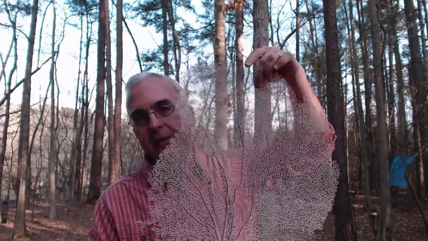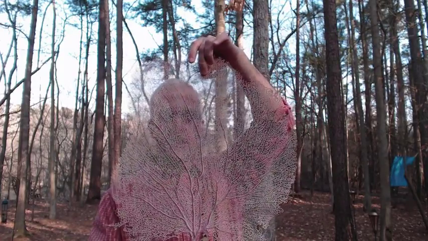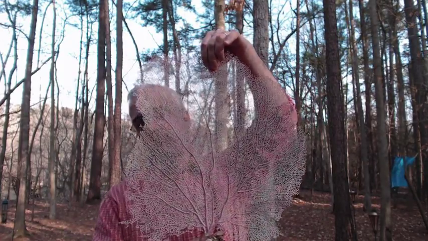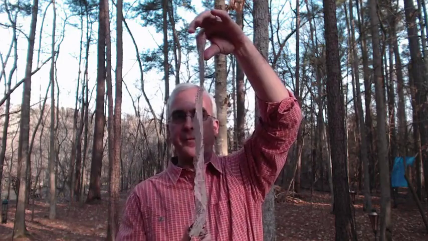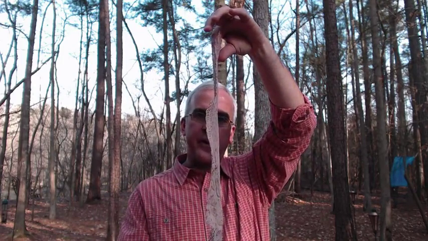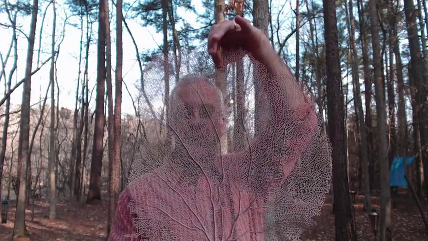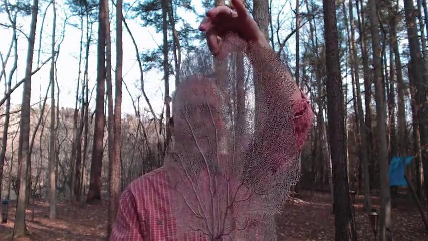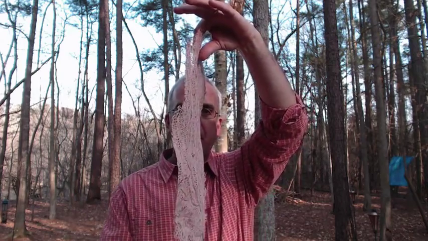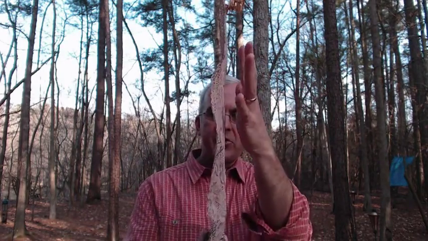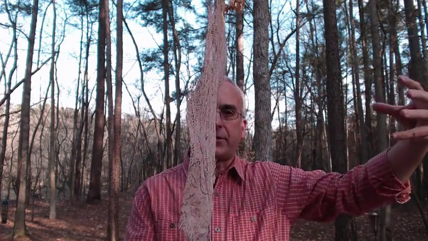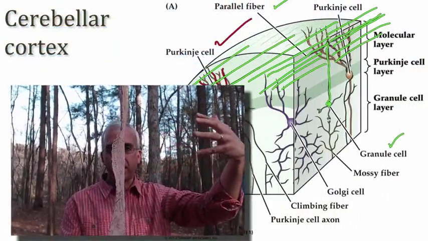And what's distinctive about this sea fan is that the arborizations of its dendritic structure is restricted to a very narrow plane, in the same way that the dendrites of the Purkinje cells are constrained in a very narrow plane. Now, what you have to imagine is this single plane is orthogonal to this massive system of parallel fibers.